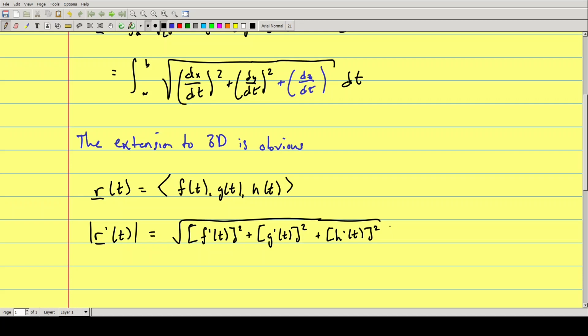Okay? Now, this way of thinking about this works regardless of how many components I have. So when I remember this, I don't try to remember a 2D formula and a 3D formula. I just remember the fact that what I want is the magnitude of this thing, and that tells me the integrand for my arc length formula.